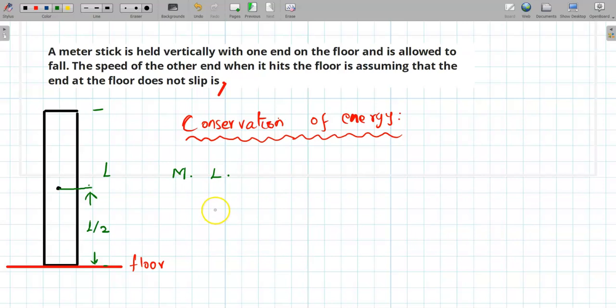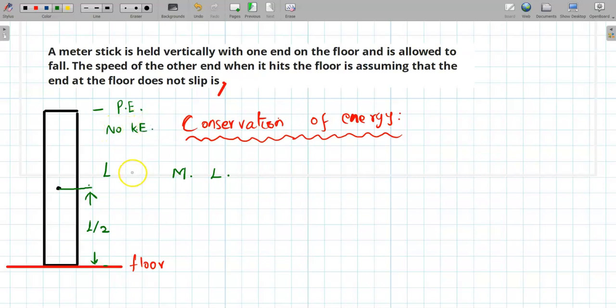Now we are using the conservation of energy. When the stick is vertical, it has potential energy and no kinetic energy, because there is no speed.